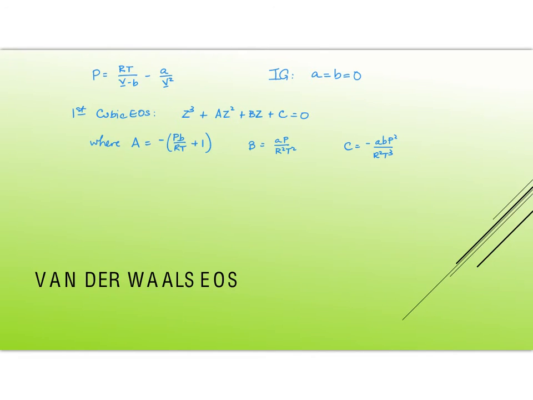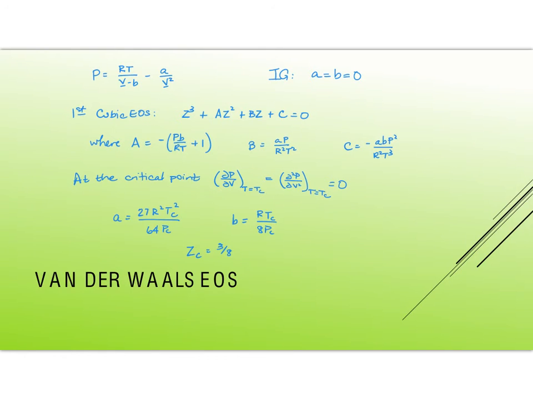Now, we'll be discussing this in a future lesson, but basically we're going to be looking at how pressure volume changes happen at an isotherm as we approach the critical point. So we're going to look at dP dV at a value of T equal Tc and the second derivative of P with respect to V along that same isotherm, and these will both be 0 at the critical point. Therefore, we can use these to solve for A, B, and C.